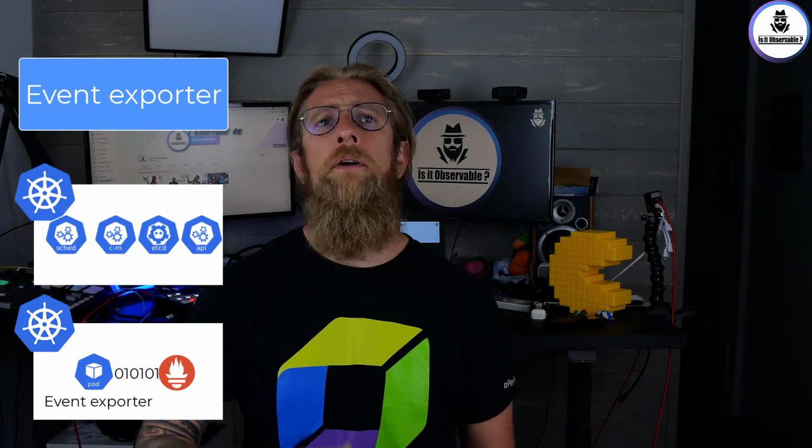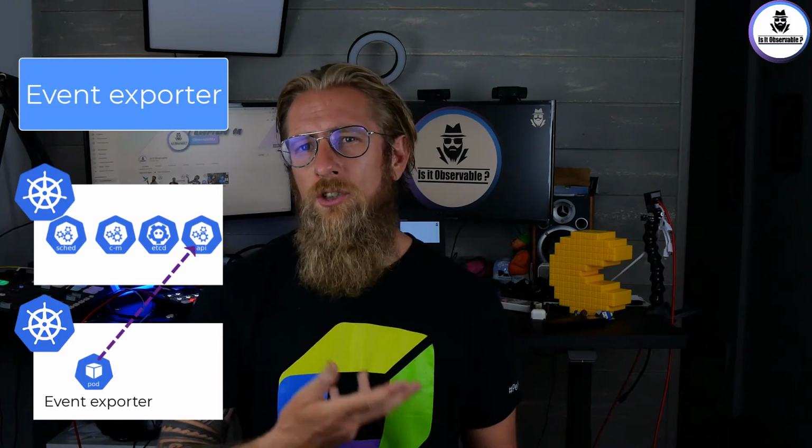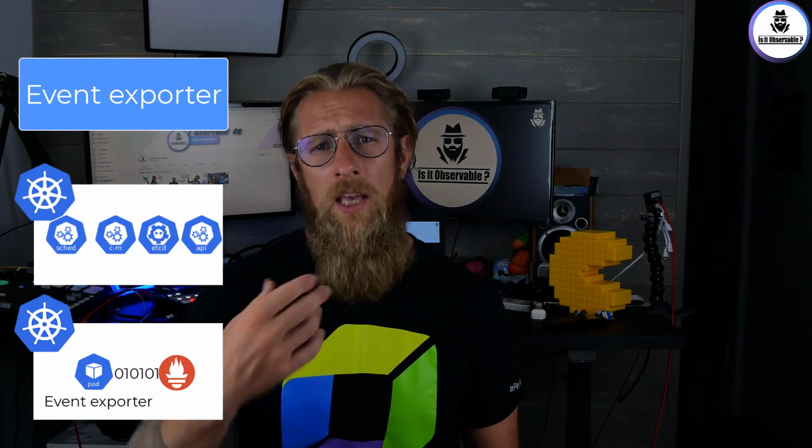Today, I would like to highlight specifically two solutions. The Event Exporter will expose event counts in a Prometheus format. Basically you deploy a pod. That pod, of course, requires the right cluster role to be able to interact with the API.